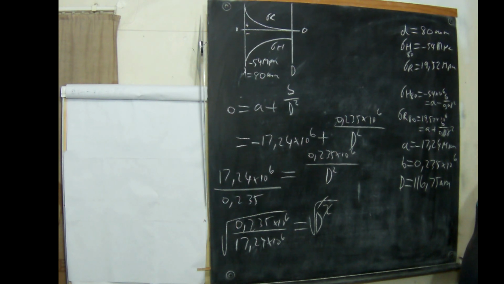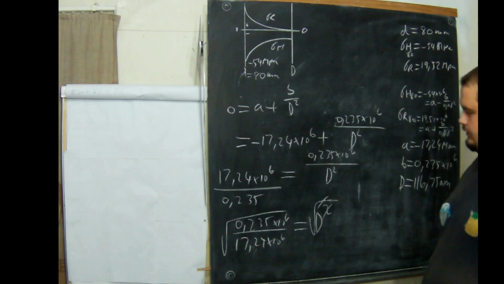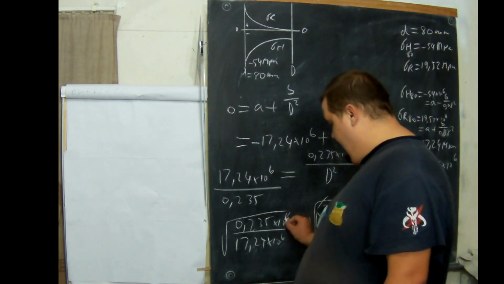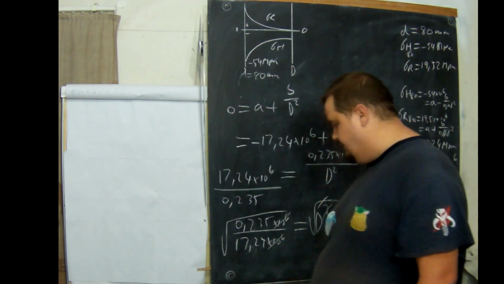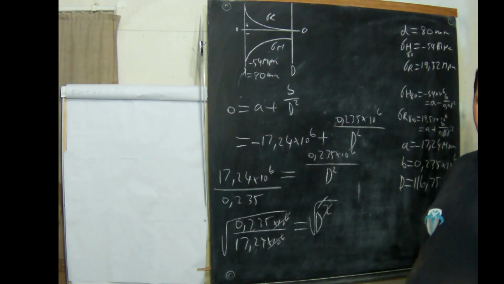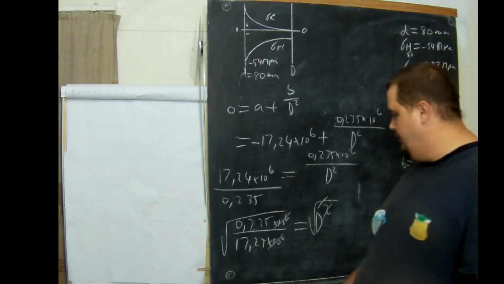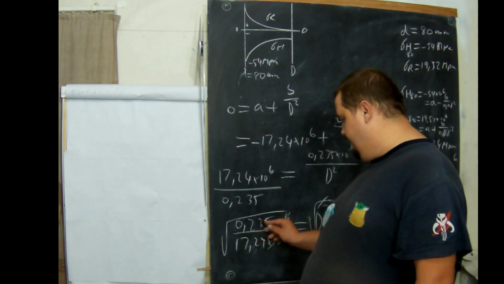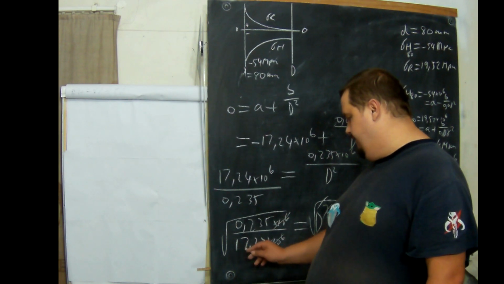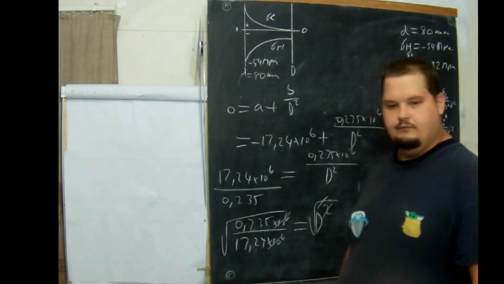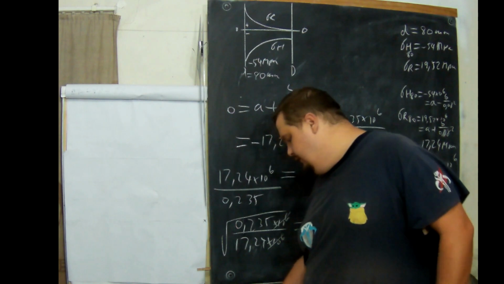That is what it ends up as, because that and that cancel, because they're both divisions. 0,235 divided by 17,24, that'll give you a number.